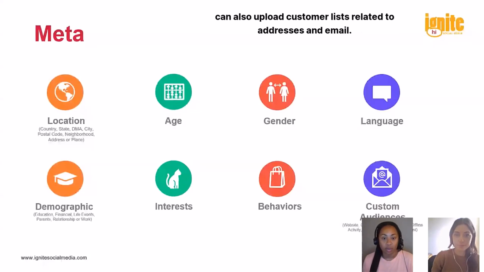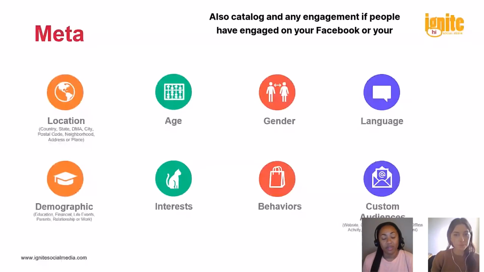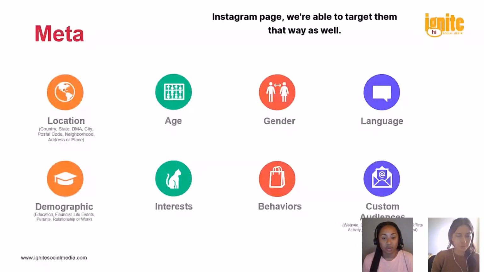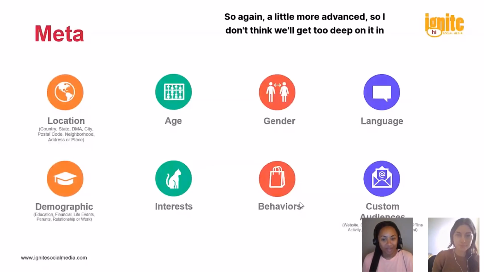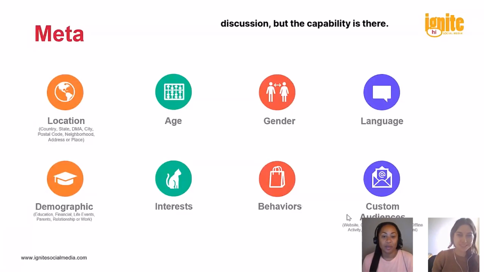But you could also upload customer lists related to addresses and email. Also catalog and any engagement. If people have engaged on your Facebook or your Instagram page, we're able to target them that way as well. So again, a little more advanced, so I don't think we'll get too deep on it in this particular discussion, but the capability is there.